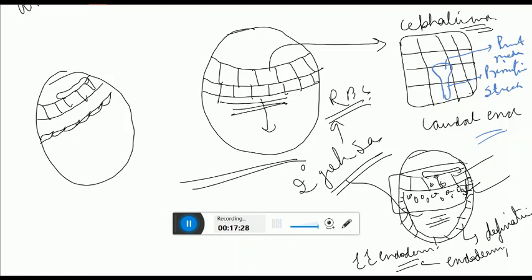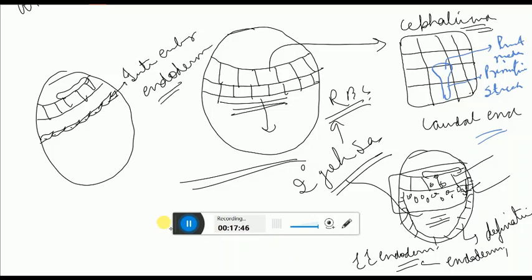This is the first layer of cells. This layer will form intraembryonic endoderm.